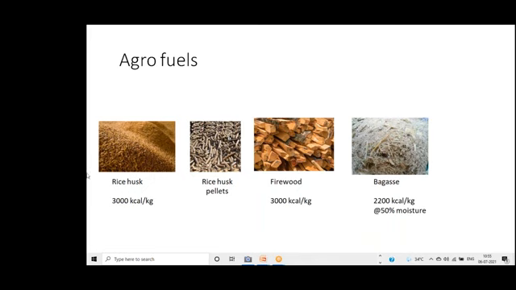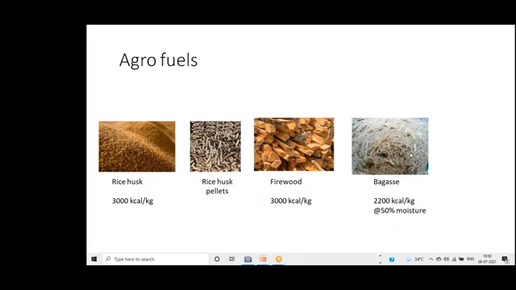The commonly used agrofuels: rice husk, the top yellow portion of the rice after dehusking. It's a very good fuel, with calorific value 3000. Sometimes handling may be difficult, so we make it into pellets like this. Then we have firewood, the very common popular fuel.